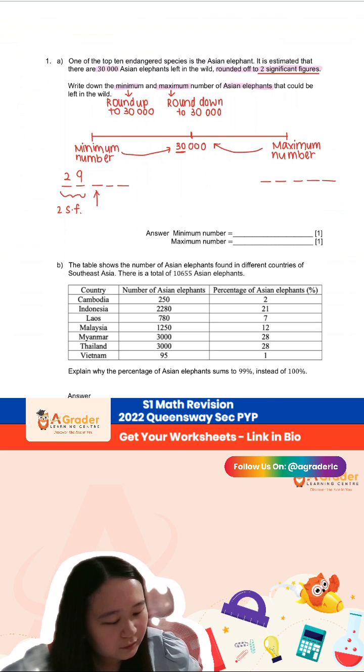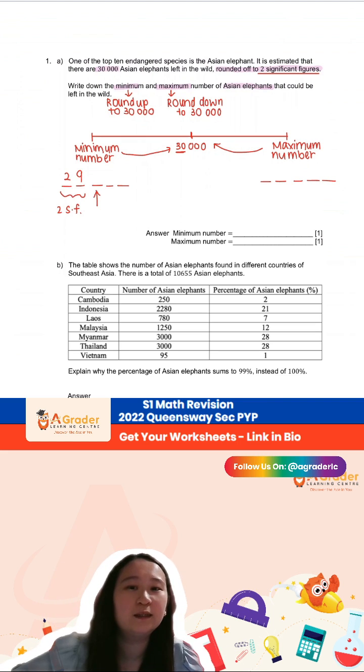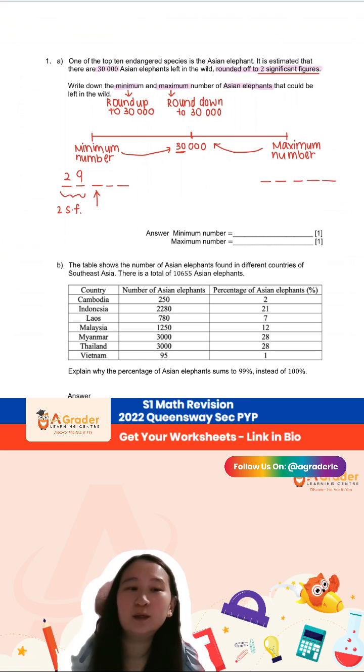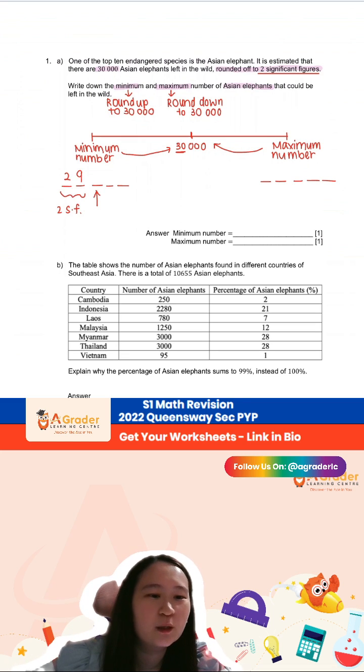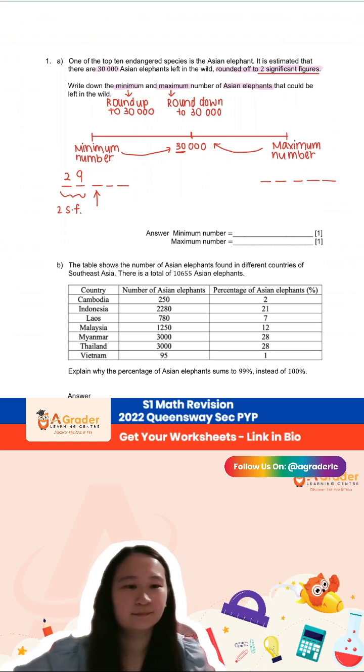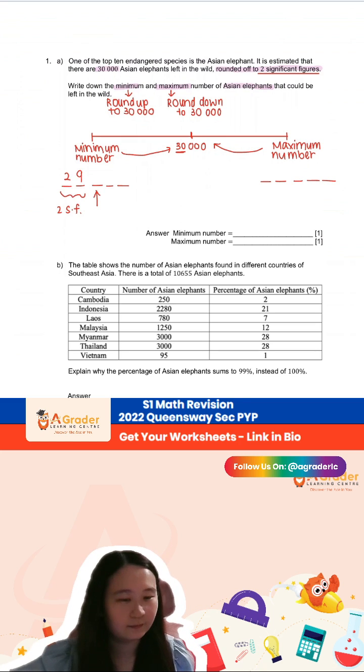To round this up, it will depend on the digit just beside the digit 9. So what is the smallest number for you to round up? What is the smallest number to round up? Anyone?